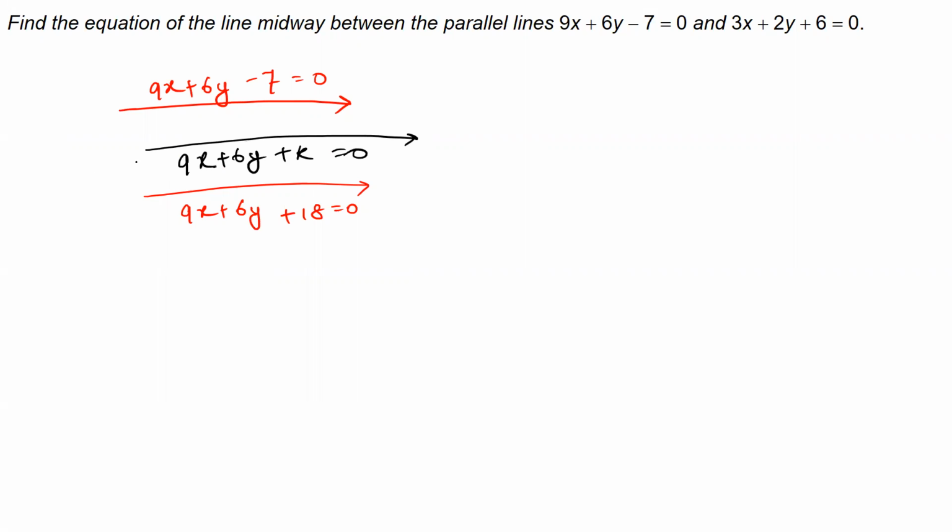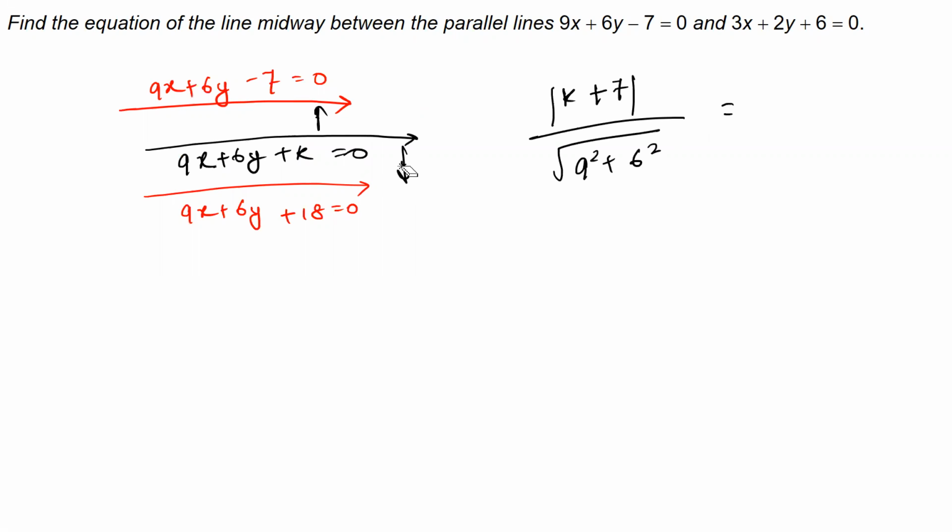So whatever we did previously, you can totally forget about it. Now what we know is that this line is midway. That means this distance is equal to this distance. So what is this first distance? This distance is mod of k minus minus 7, that is k plus 7, divided by root over 9 squared plus 6 squared, which should be equal to this distance.